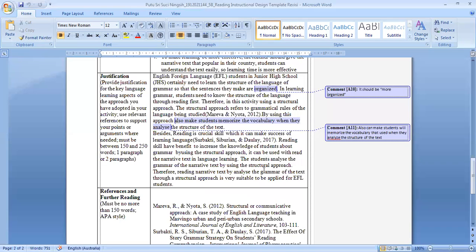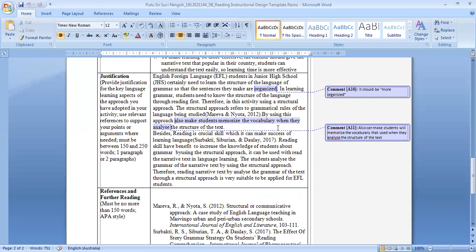And for the last, we will have the justification. Here, the word "organize" should be better changed into "more organized". So the sentence will be: English as a Foreign Language or EFL students in junior high school certainly need to learn the structure of the language or grammar so that the sentences they make are more organized.